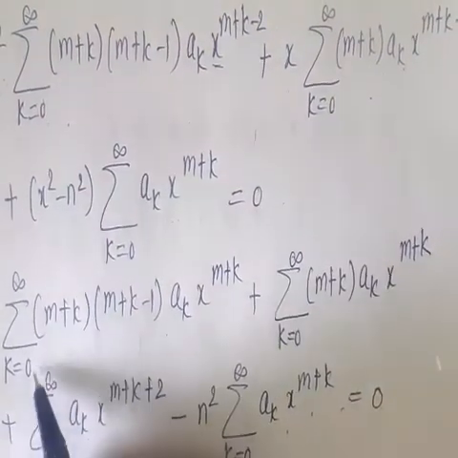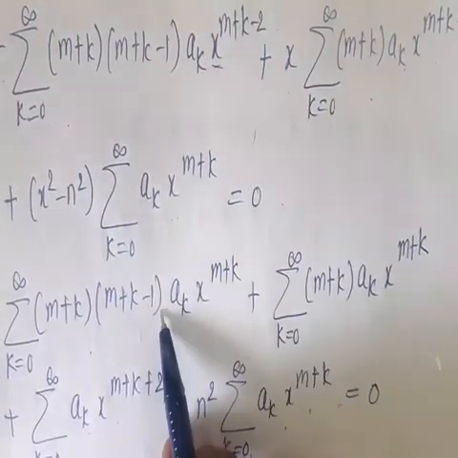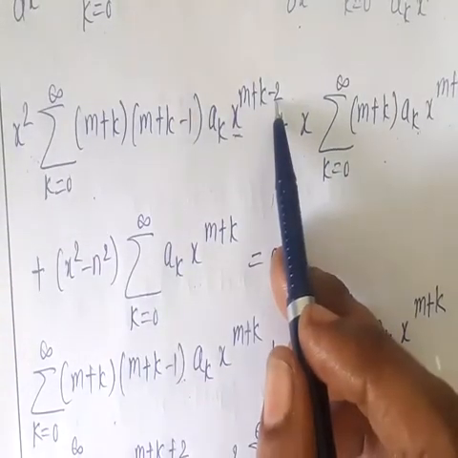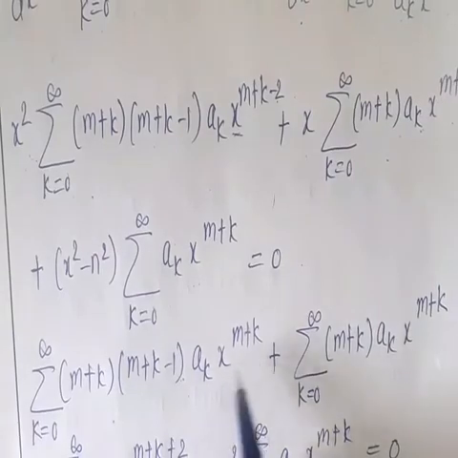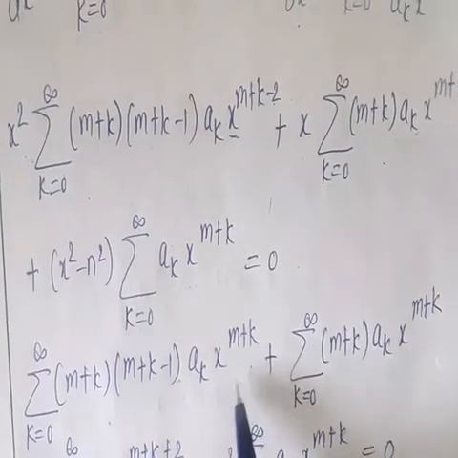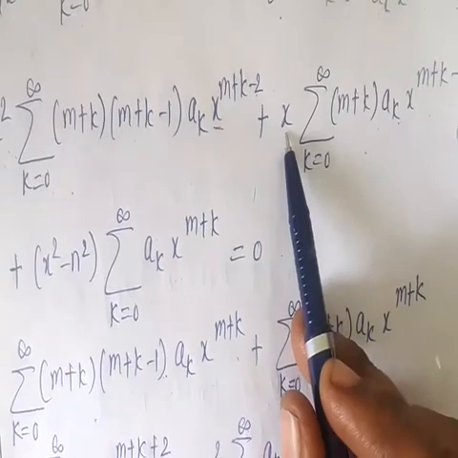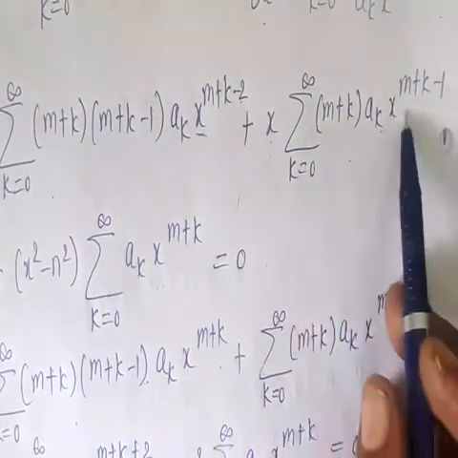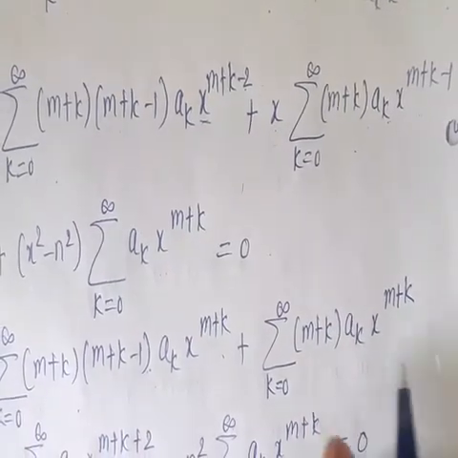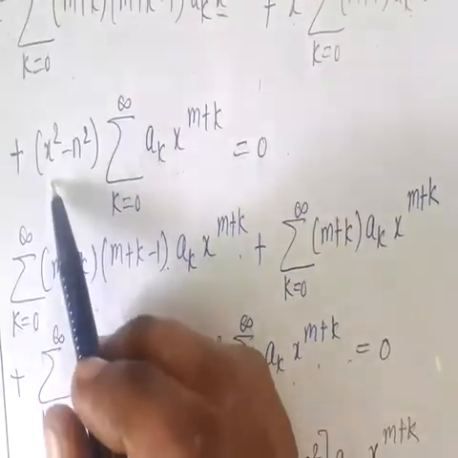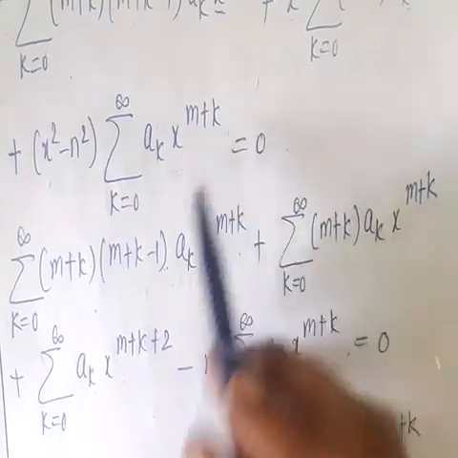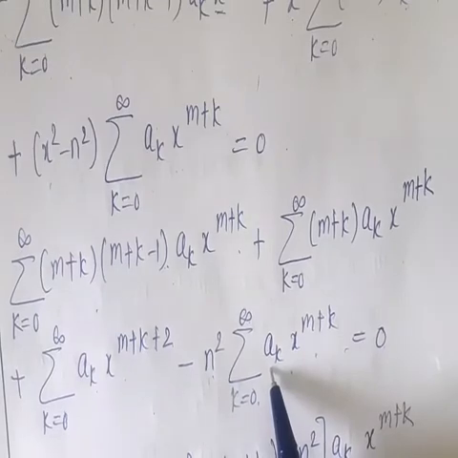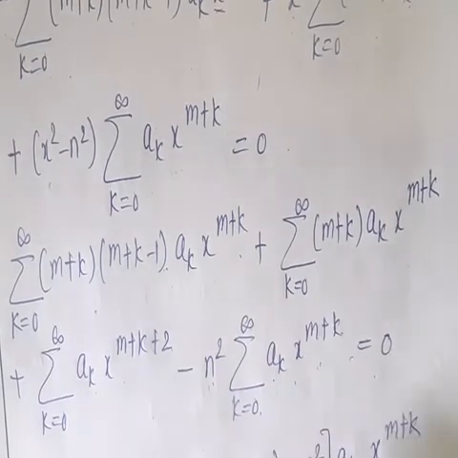Now if we multiply the first term by x square, x to the power minus 2 gets cancelled, power remains x to the power m plus k. Second term is multiplied by x, and here the power is x to the power m plus k minus 1, so minus 1 plus 1 gets cancelled, power is x to the power m plus k. Third term is x square multiplied by x to the power m plus k, so x to the power m plus k plus 2, and minus n square into summation a k x to the power m plus k, equal to 0.